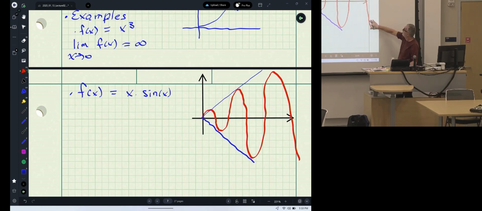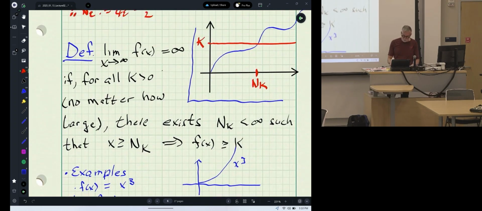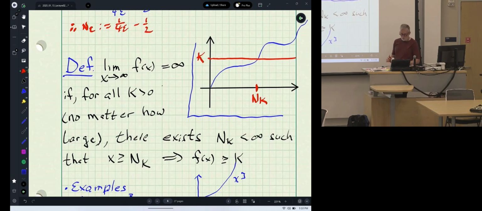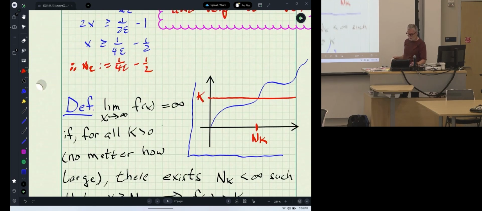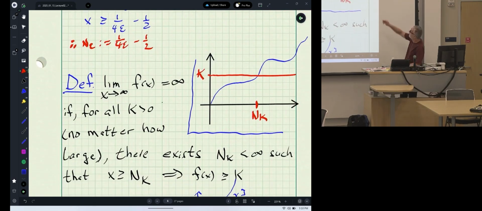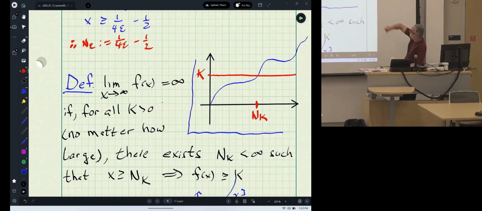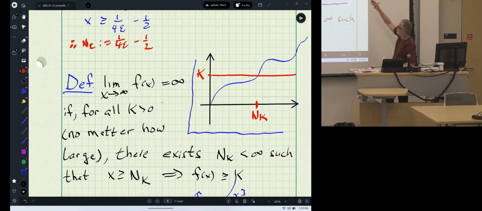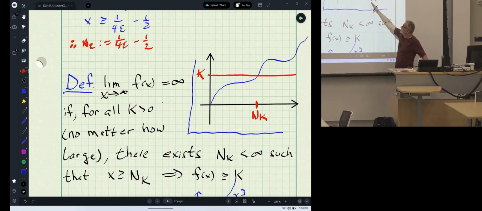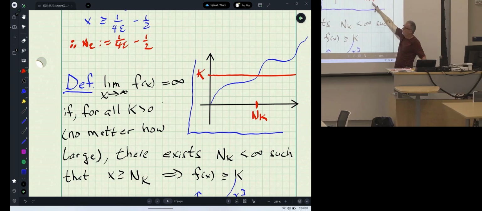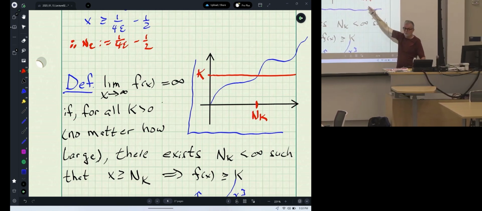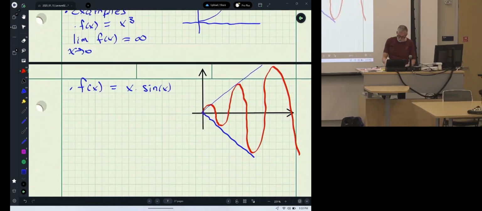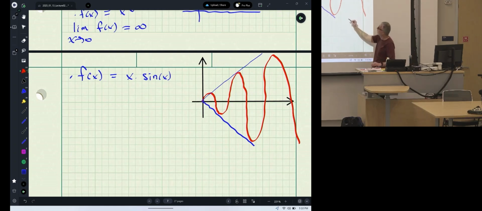And then, is the function heading to infinity? And the answer is no, because for the limit to be infinite, we need that if you give me a bound, I can set a value of x such that the function never drops below that. Whereas here, look what happens.